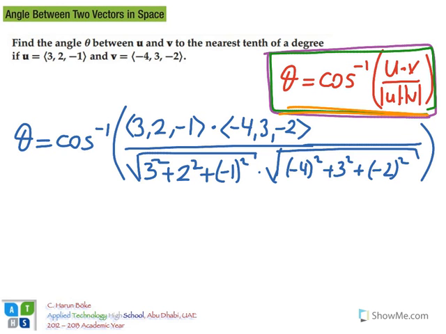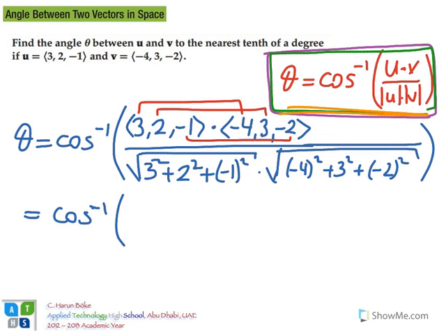Of course we have to simplify all these expressions. The numerator is 3 times -4 plus 2 times 3 plus -1 times -2. So 3 times -4 is -12, plus 2 times 3 is 6, plus -1 times -2 is 2.